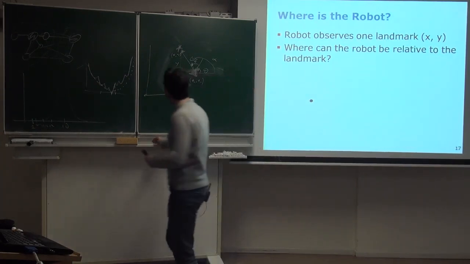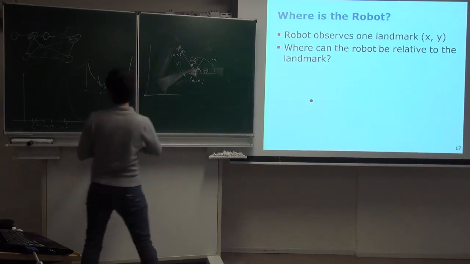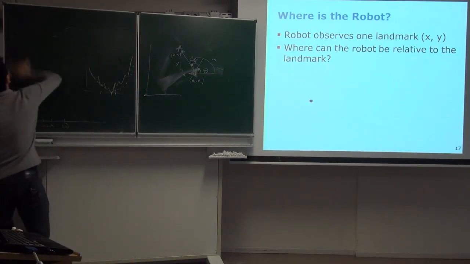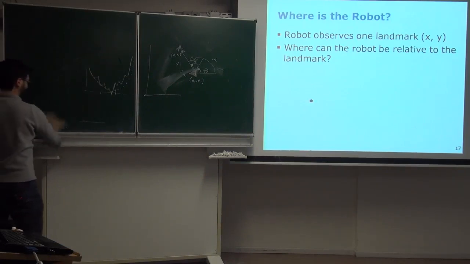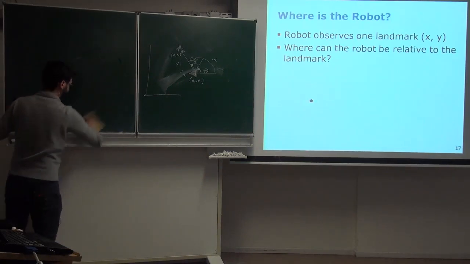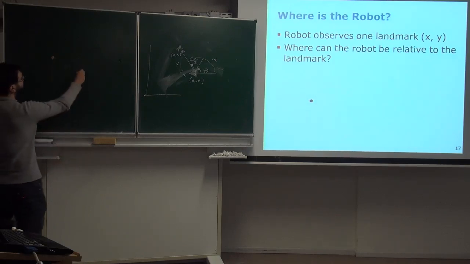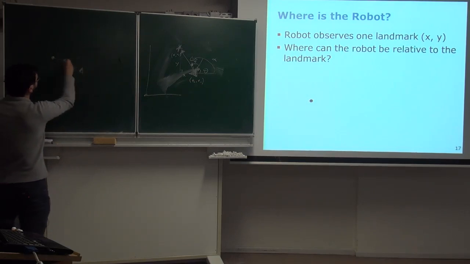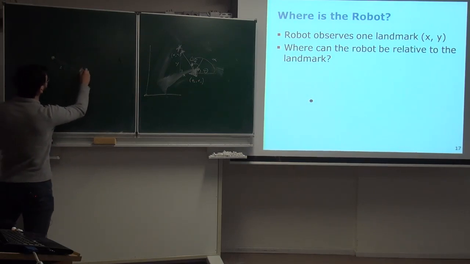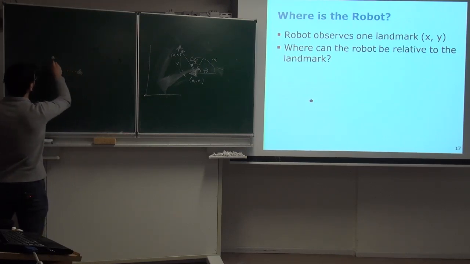Okay, so let's do it graphically. Here is the landmark, and let's say here is the robot, one possible robot, and the landmark is 1 meter here, let's say now 2 meters, 1 meter.